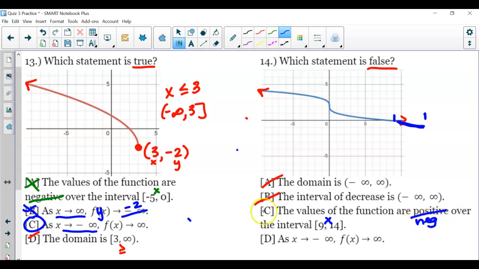So this is our false statement. So let's just check to make sure that D is also true. As x is approaching negative infinity, so as we're going to the left towards all of our negative values, notice what's happening to the left side of our graph. It is going up to positive infinity, so D is true.